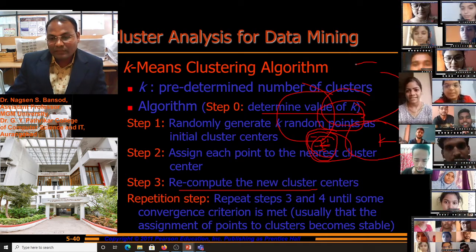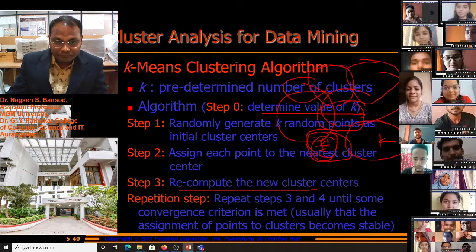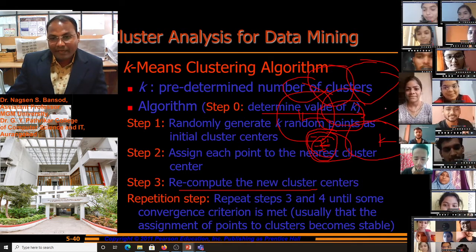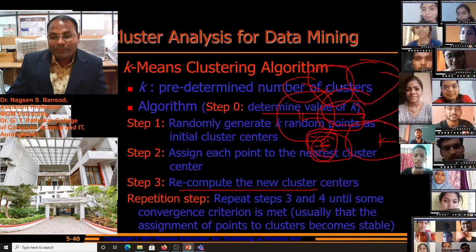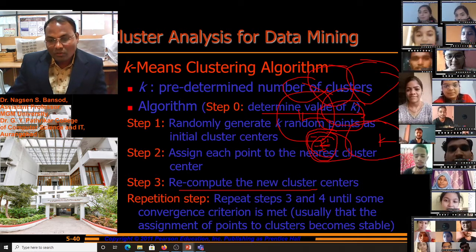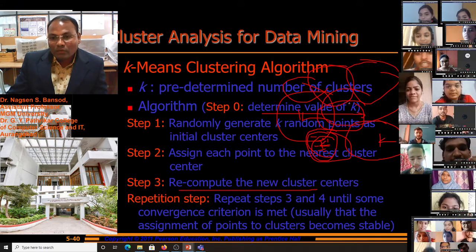Until we get stable clusters, we will recompute new clusters and find the temperature variation district wise, village wise, or taluka wise.